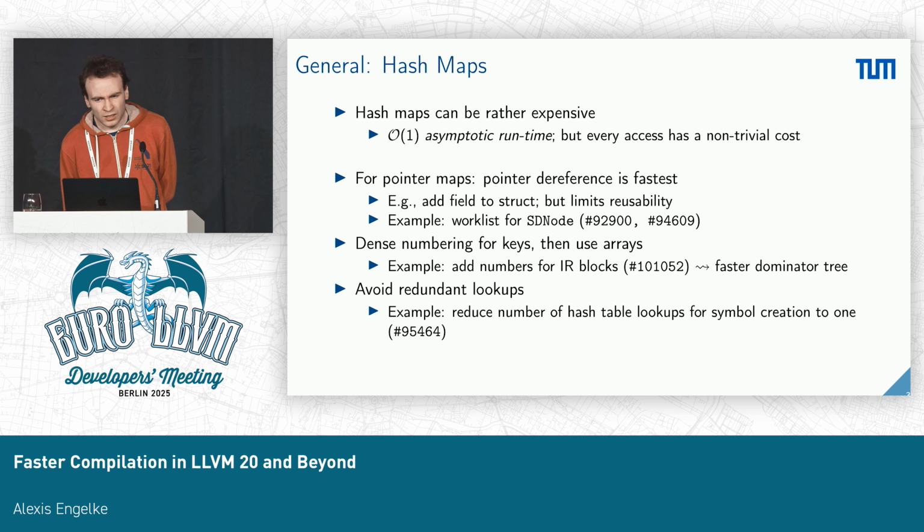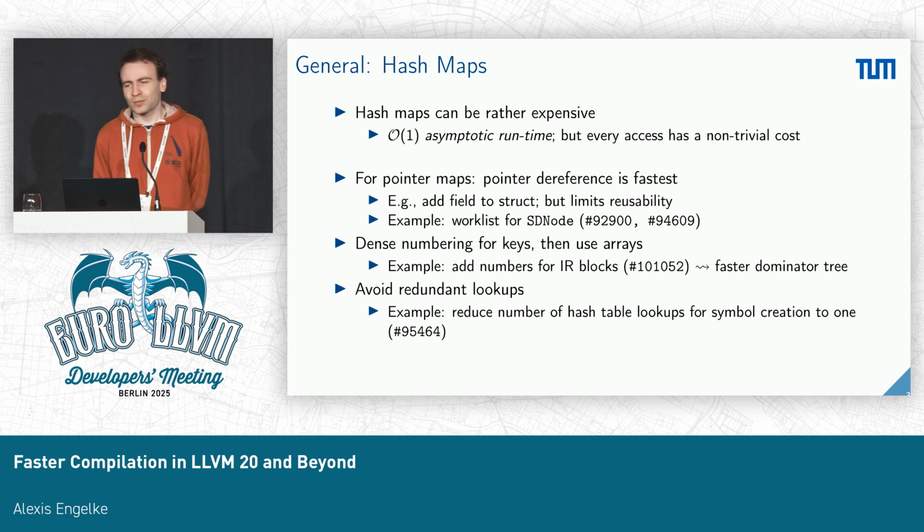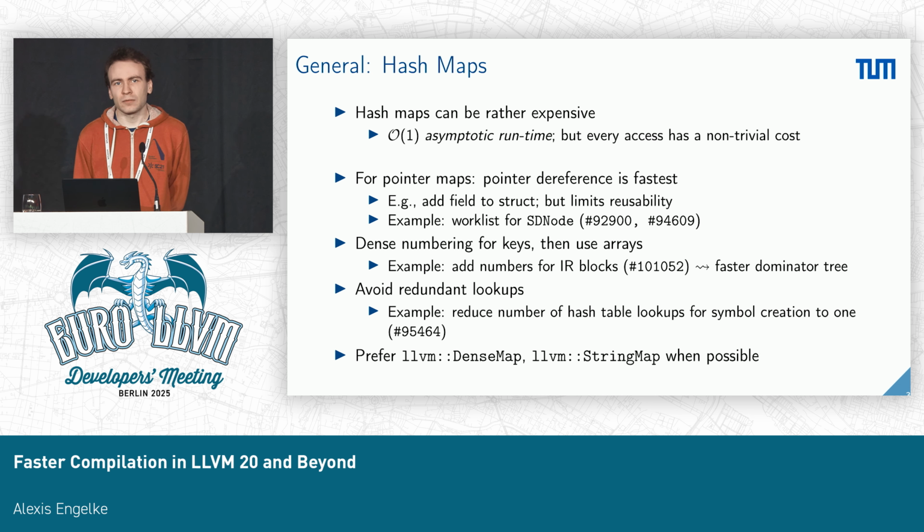And as a general remark on hash maps, while this might sound like hash maps are in themselves problematic, the data structures we use, our LLVM DenseMap and also the StringMap, are actually quite efficient data structures, but there is only so much that you can do to implement a hash map in general.